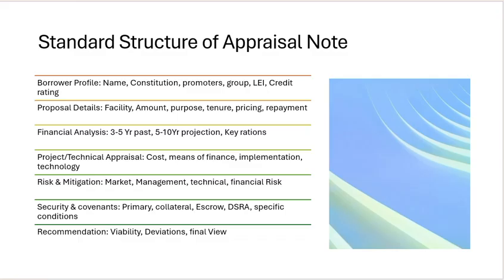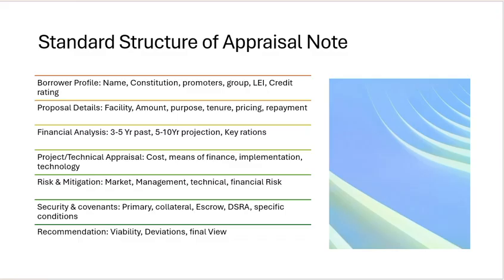We write that down, along with the pricing and repayments, and how the repayment will happen in the project. Then we move to the financial analysis, which is the most important, guys. We discuss the past 3 to 5 years of working and the next 5 to 10 years of projections, cash flows, and key ratios like the debt service coverage ratio, the project life coverage ratio, or the loan life coverage ratio.